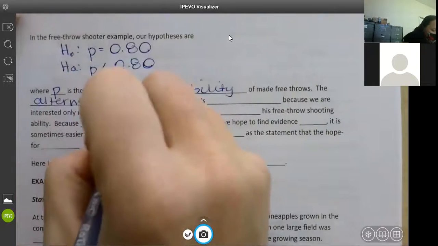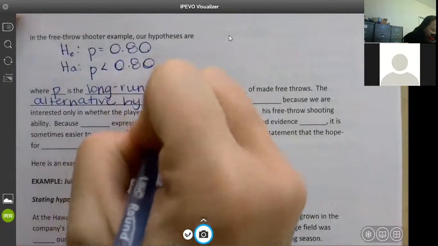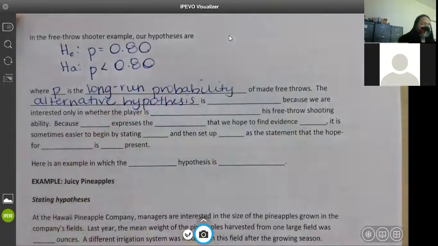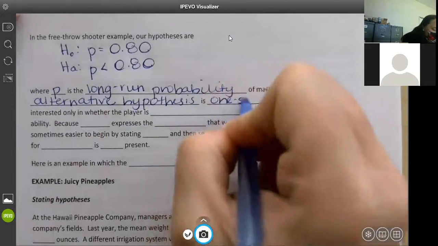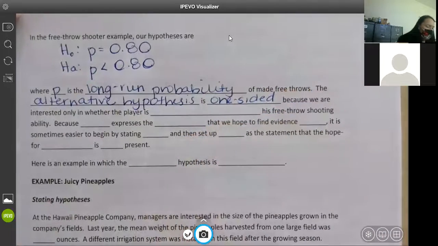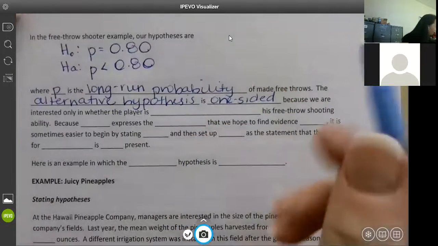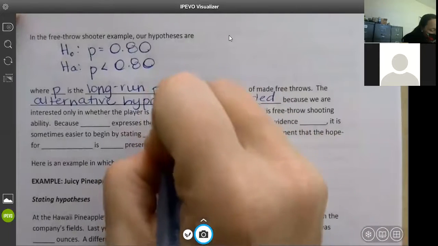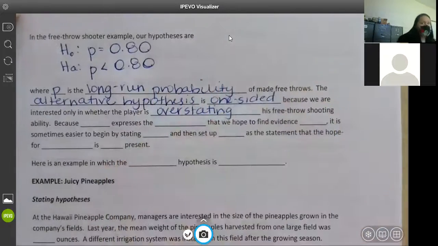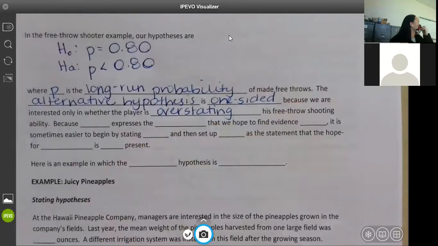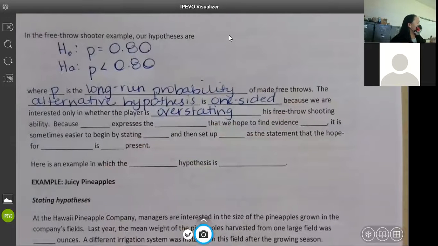The alternative hypothesis, p less than 0.80, is one-sided because we are interested only in whether the player is overstating his free throw shooting ability. Let me explain one-sided and two-sided, because it will make a difference.